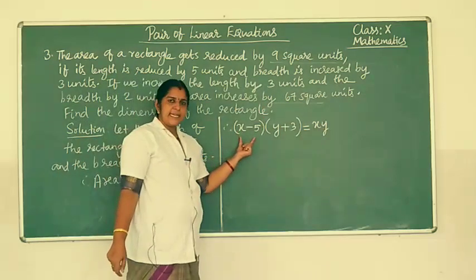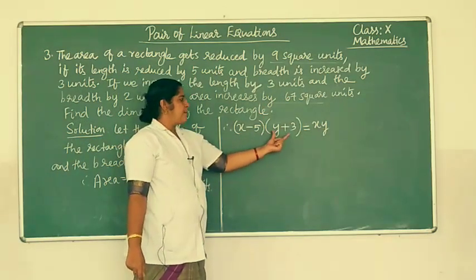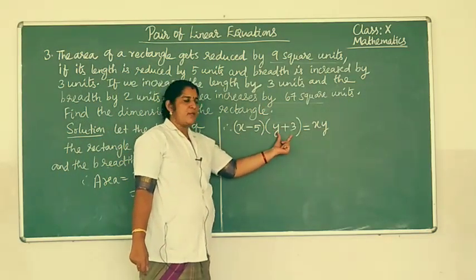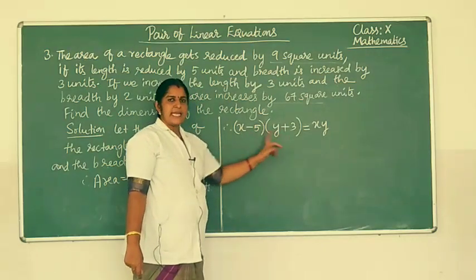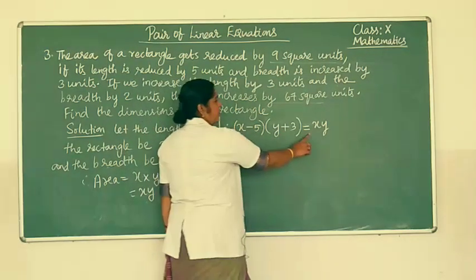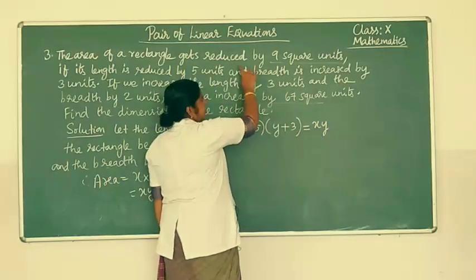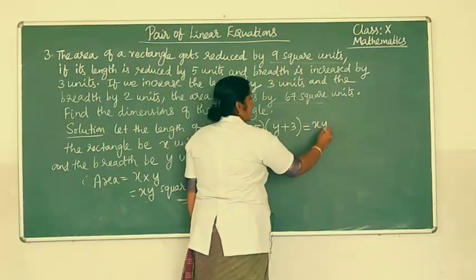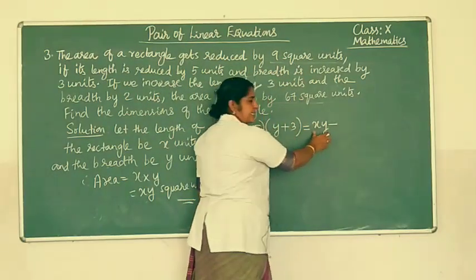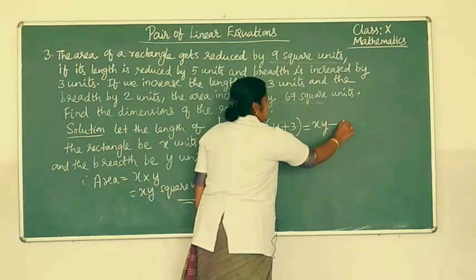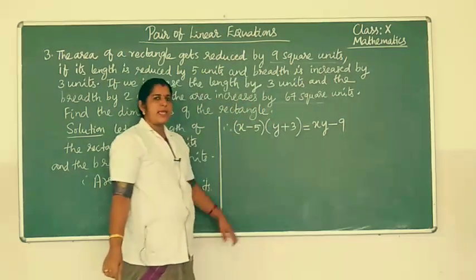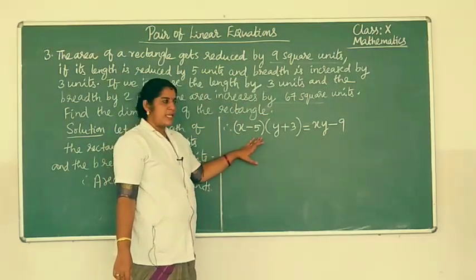When the length is reduced by 5 units and breadth is increased by 3 units, we multiply this, and that is equal to the area reduced by 9 square units. So the area of the rectangle is xy minus 9. So this is the first equation.